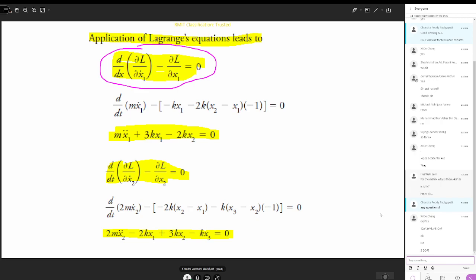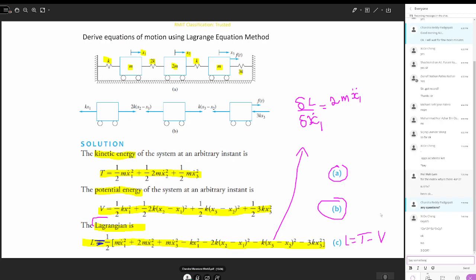So the first term is 2m x1 dot, and you have 1 over 2 as a multiplication factor for the whole thing.